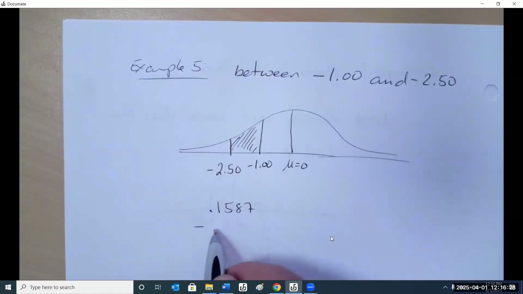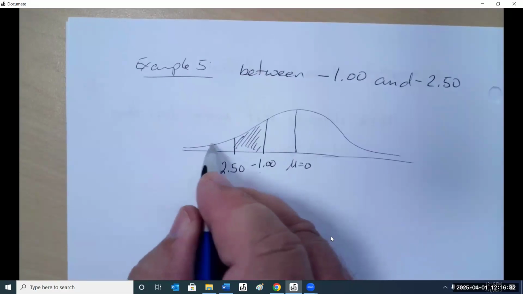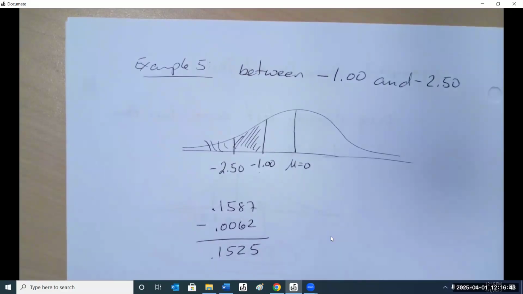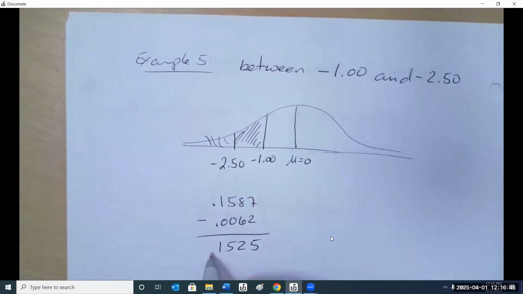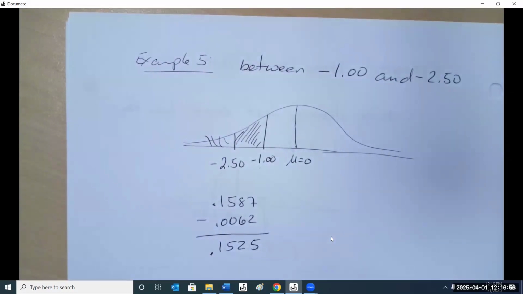So yeah, this is going to be 0.0062, because that's the one we don't want. Get rid of that. Those are pretty easy.